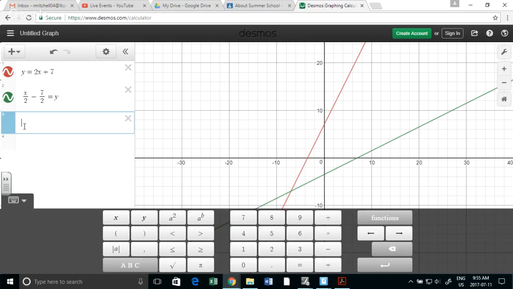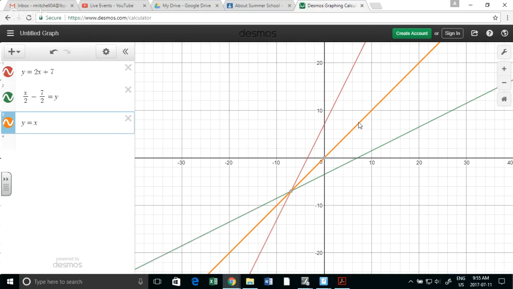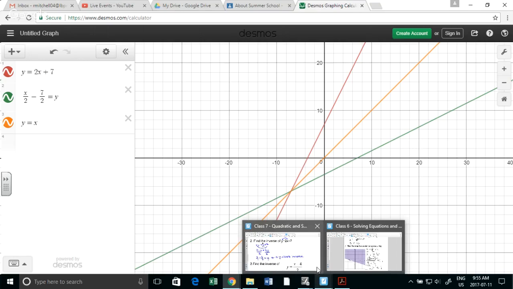We see that, and we have this just as our reflection line. So this basically shows us how we're reflecting. But if you see, red and green are the mirror images of each other. So that's how we algebraically find the inverse.